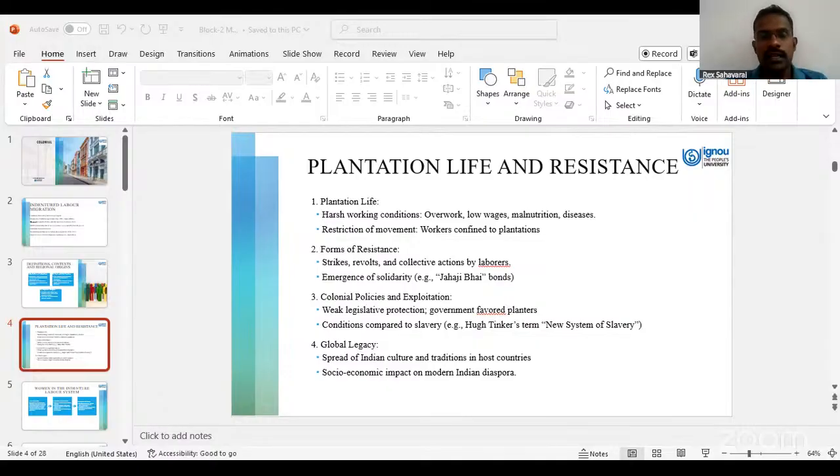Just as in social work we have a licensed counselor, licensed social worker, even when you go to any hospital they display a license or approval from the concerned authority, like the medical board of the country. Likewise, they had a process of recruitment of laborers.